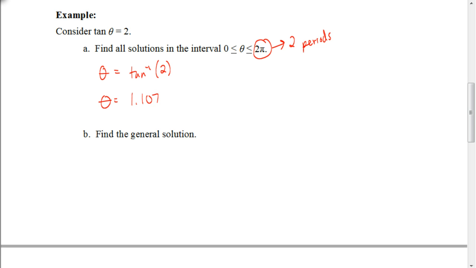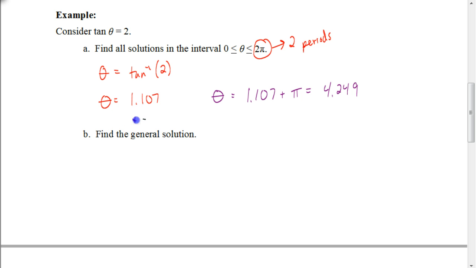Now to find the other solution, we take that answer for theta. Remember, we don't have to subtract it from pi or do anything like that because this is our only solution within that one period. Instead we apply the fact that it repeats itself every pi units. So I'm going to add pi to 1.107, and when you do that, you get 4.249.